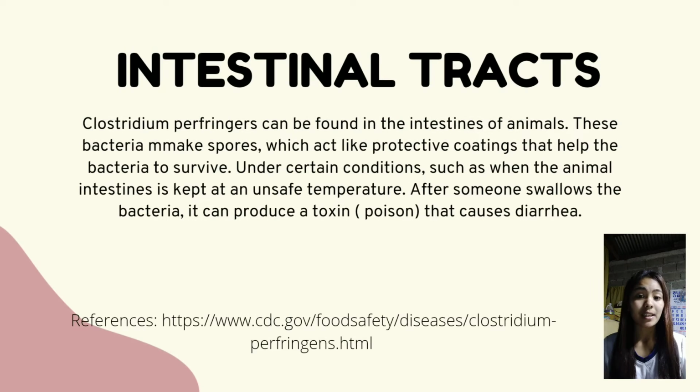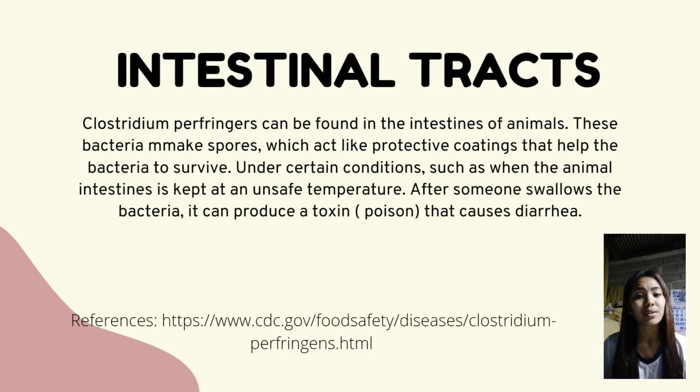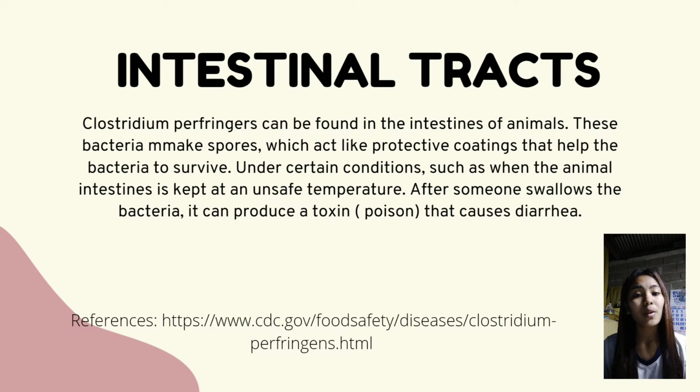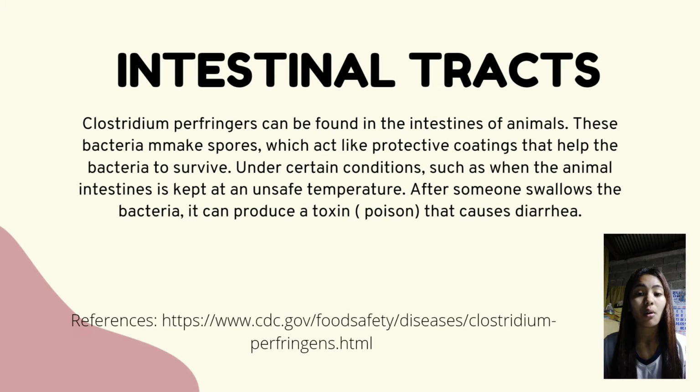This bacteria makes spores, which act like protective coatings that help the bacteria to survive under certain conditions, such as when the animal intestines is kept at unsafe temperature. After someone swallows the bacteria, it can produce a toxin or a poison that causes diarrhea.